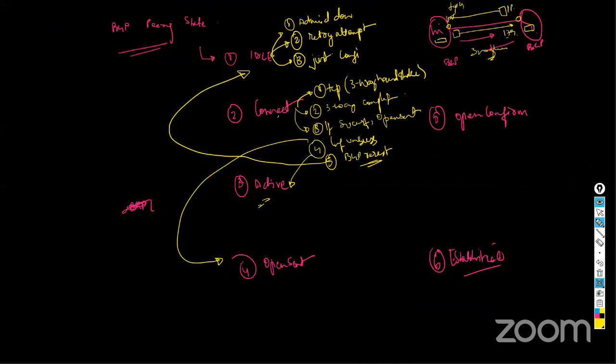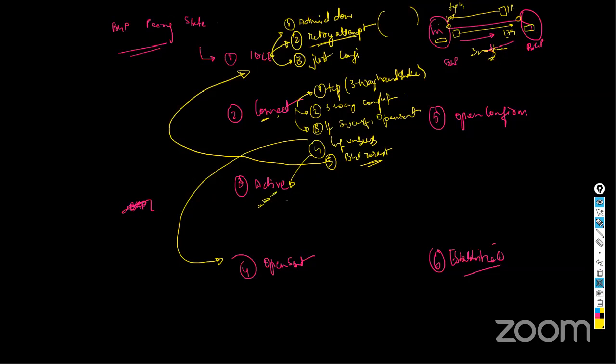It could be a case where it is retrying. It's not getting established. The reason could be TCP 179 is blocked, or you do not have an IP address, or it could be any other reason. So there are three approaches in this step. Depending upon the scenario, it can go to any of them.